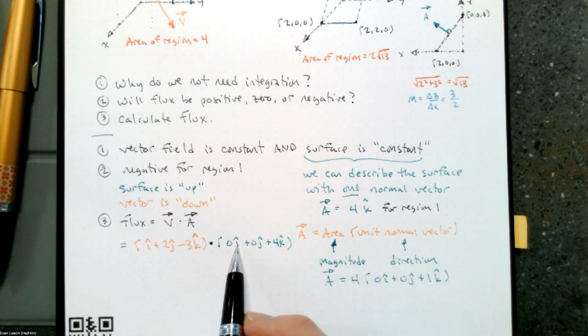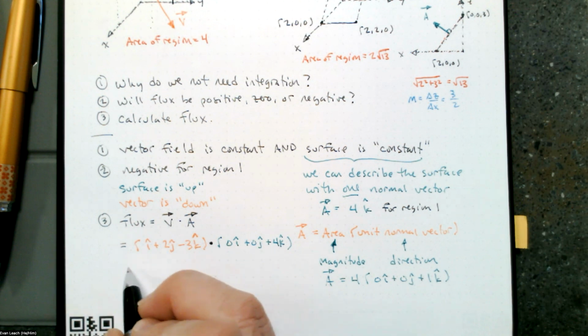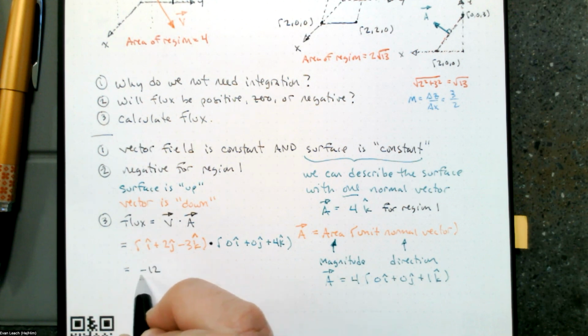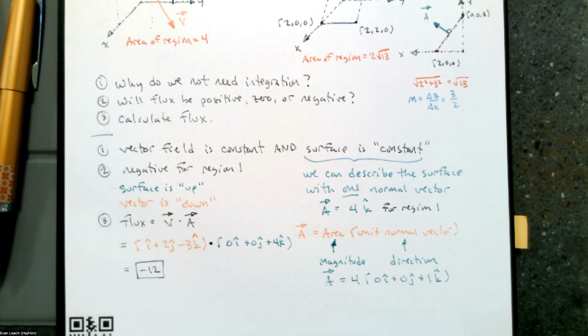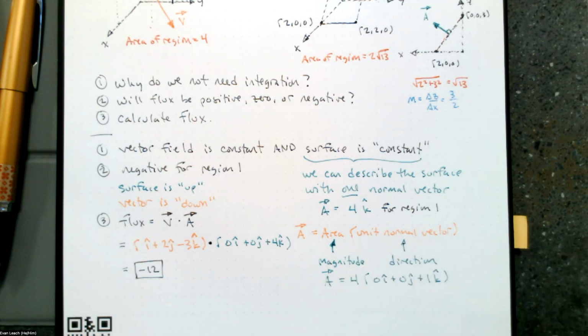So 0 times 1 plus 0 times 2 plus 4 times -3 is -12. Negative, as we expected. 12 because it was 4 from the area going up and -3 from the vector kind of going down.